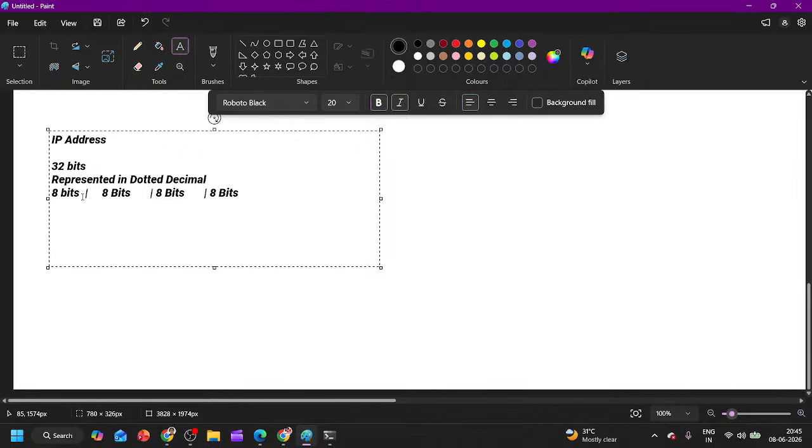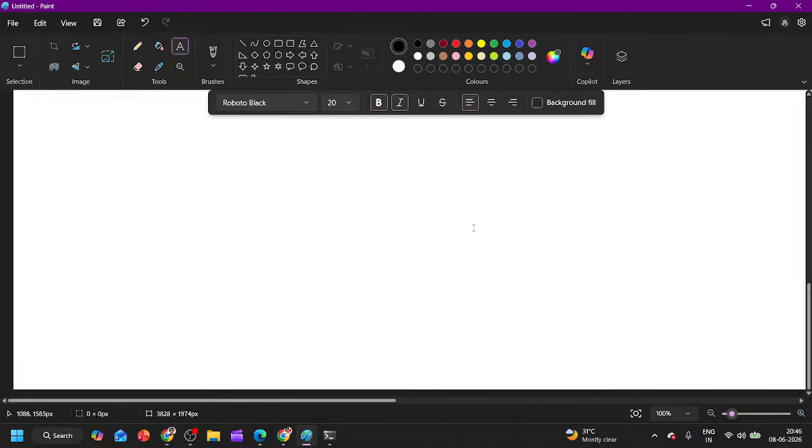And that's why some of you say octet. Octet means what? 8 bits. 8 bits is called an octet. One byte is called 8 bits. So each field length is 1 byte. Either you can say 1 byte or you can say 8 bits.